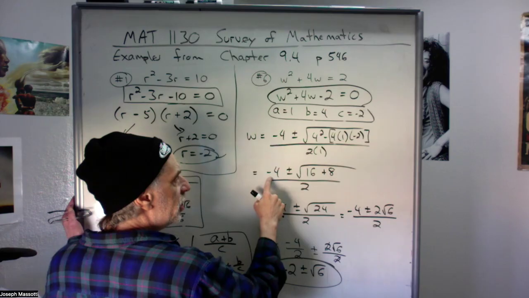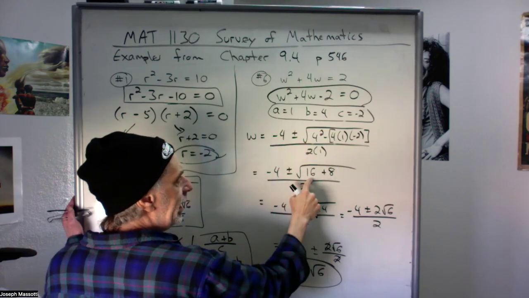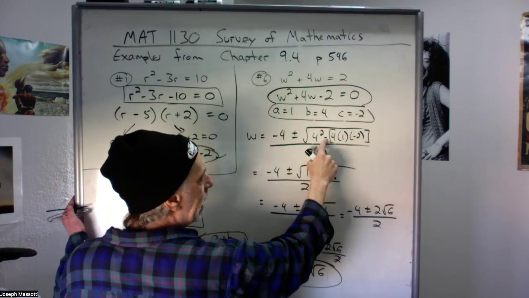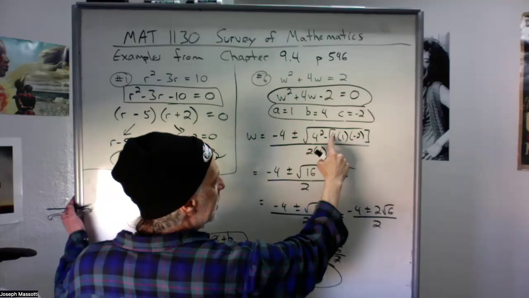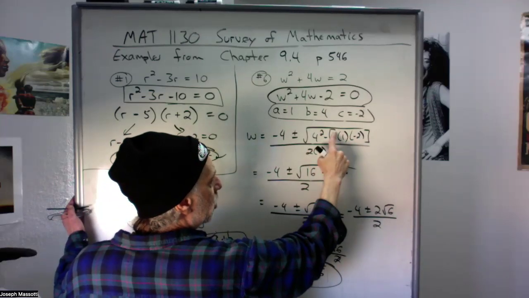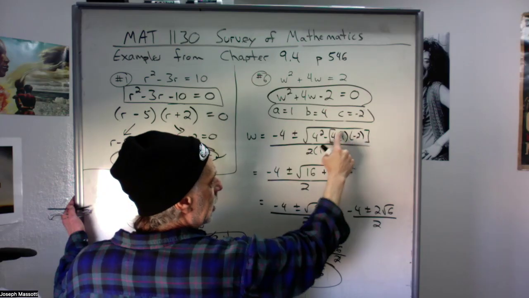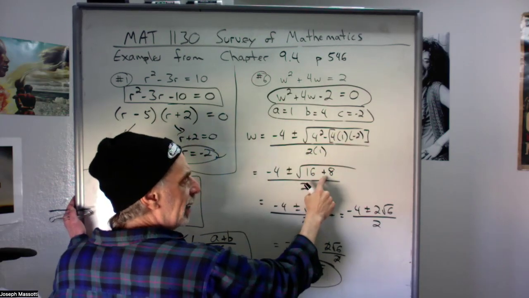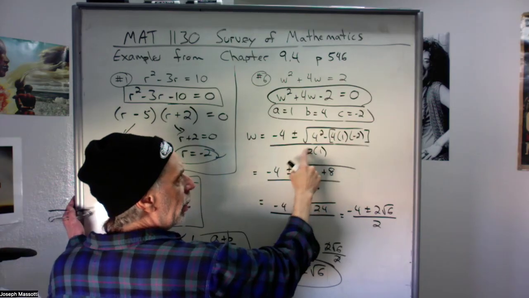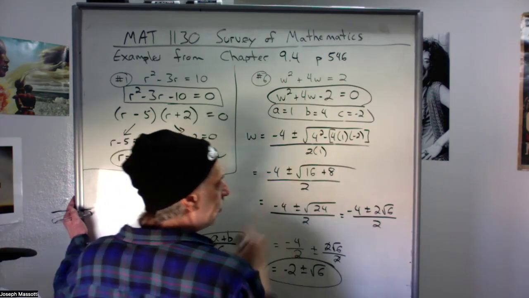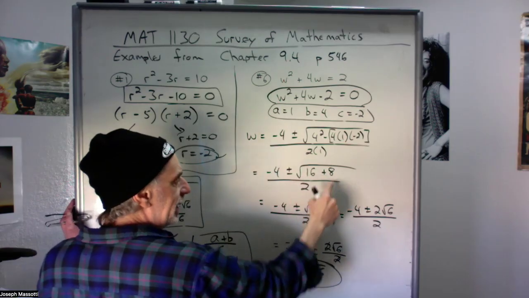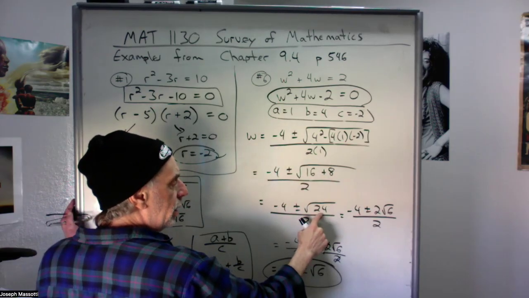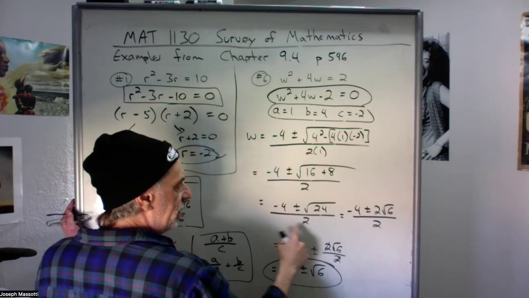We got the -4 still. 4 squared is 16. Be careful here again, we're subtracting this entire product. This product is -8. So you're subtracting a -8, which becomes a +8. And we're putting all of that over 2. Just combining the 16 and the 8 into 24, we end up with this.